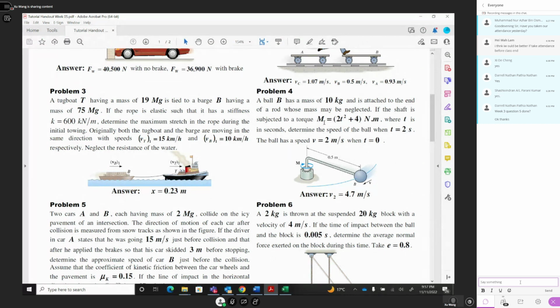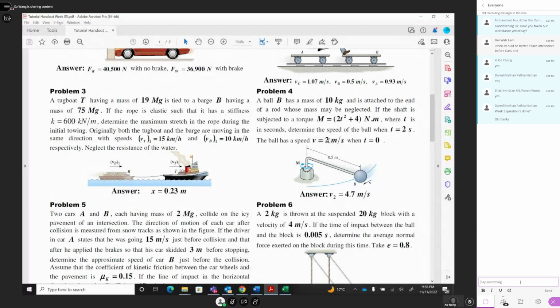That's very simple. You have moment times delta t, which equals the moment impulse, and the moment impulse equals the angular momentum change. At the beginning, when t equals 0, the ball speed is 2 meters per second.